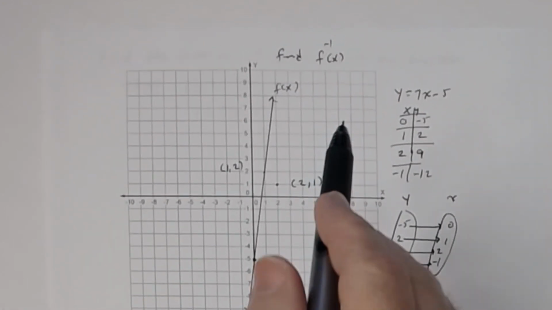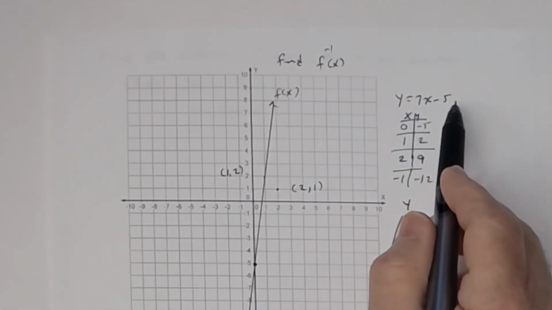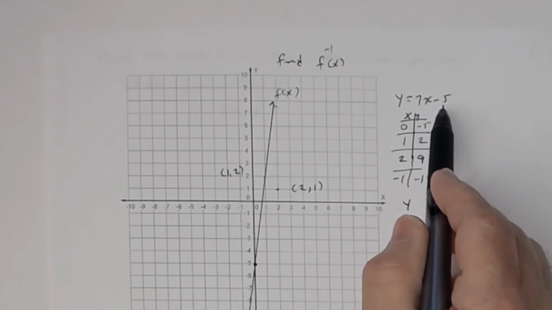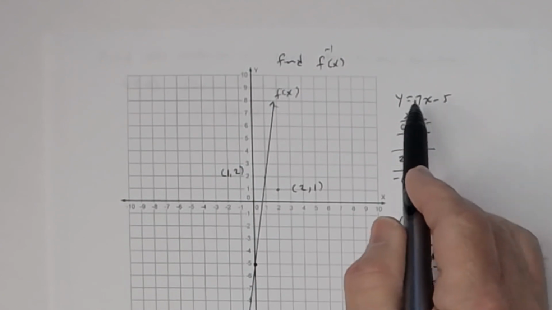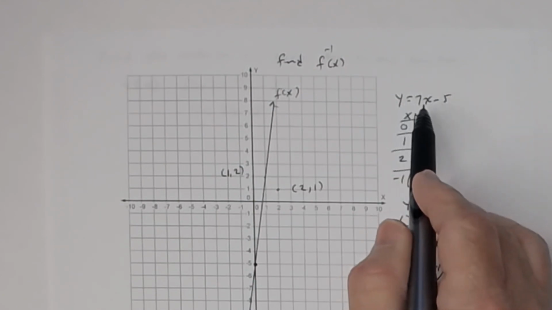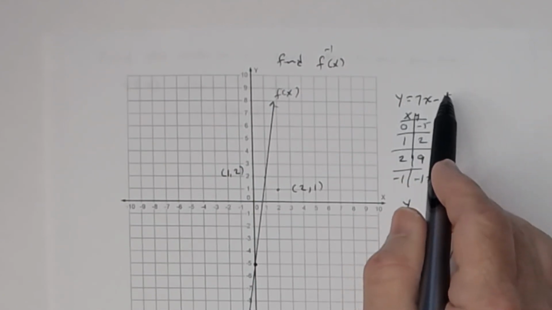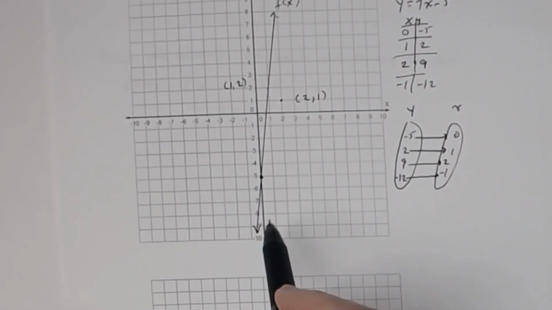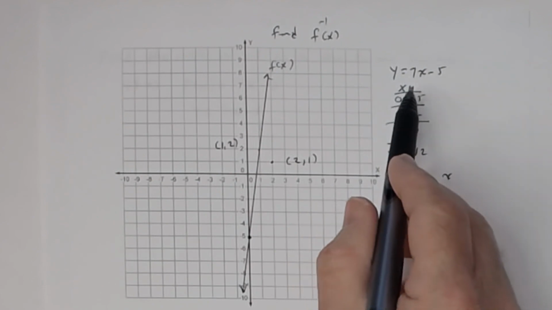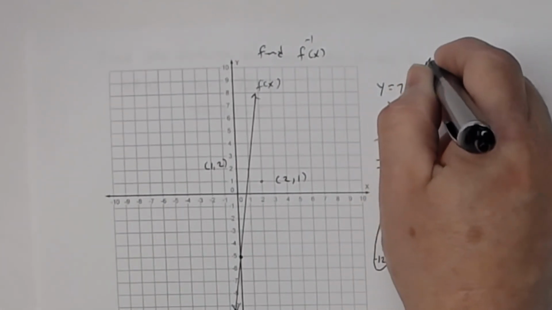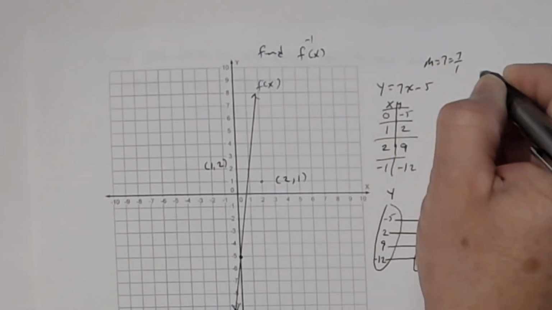But going back to the slope and the y-intercept, you see the y-intercept is negative 5. That's where the graph is going to cross the y-axis. Since this is a linear function, you can use the idea of slope and intercept. The slope is 7, which I can write as 7 divided by 1.